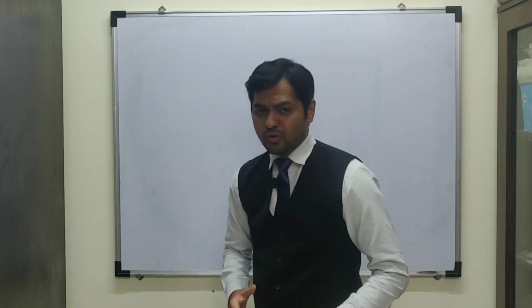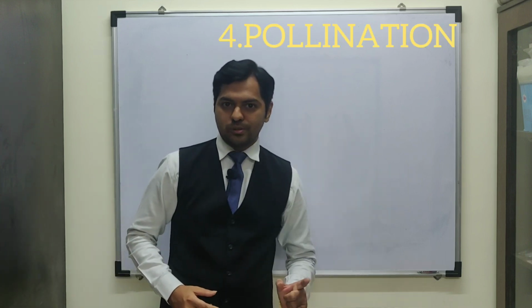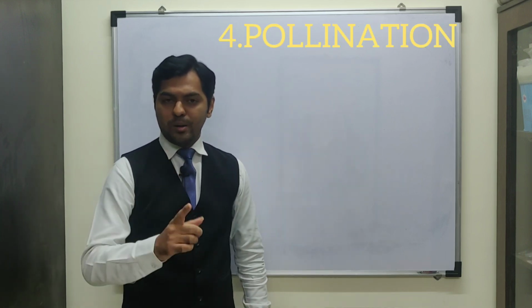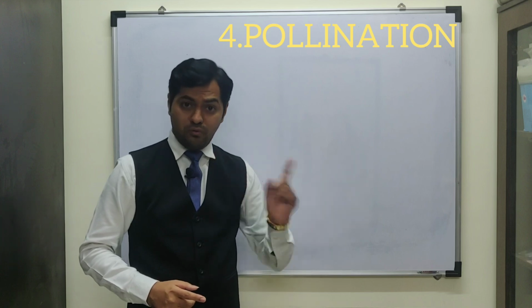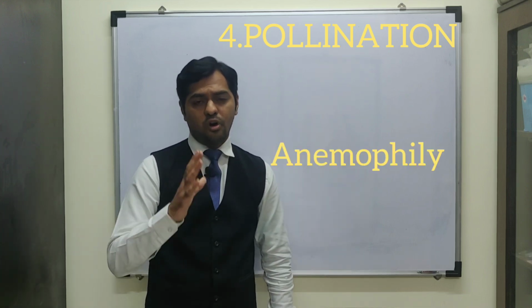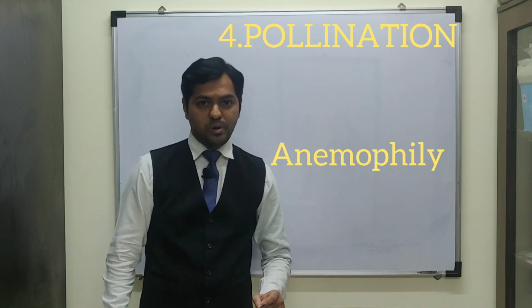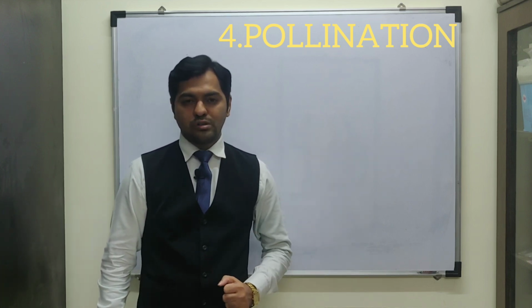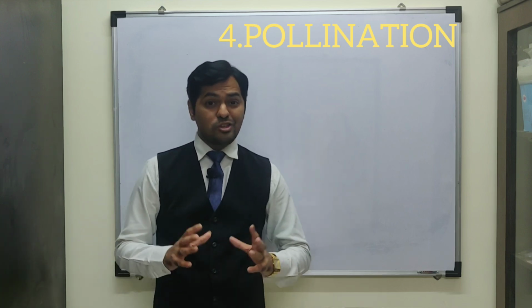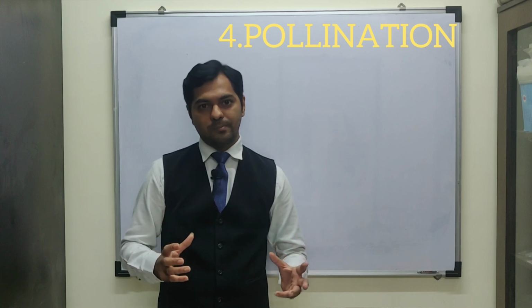Coming to the next point of Fabulous 5 is about pollination. Remember, wind pollination, that is anemophily, is the primitive and the oldest type of pollination. Also, it is observed in gymnosperms and in monocots. Apart from this, a very special mechanism has been observed in Rafflesia flower.